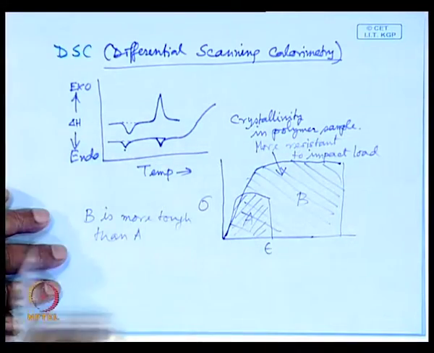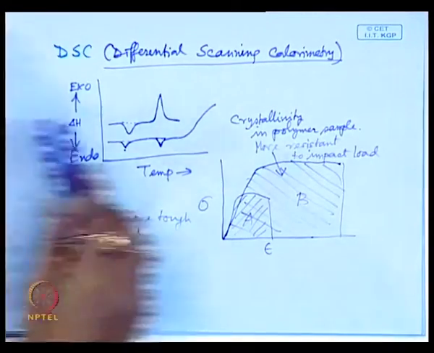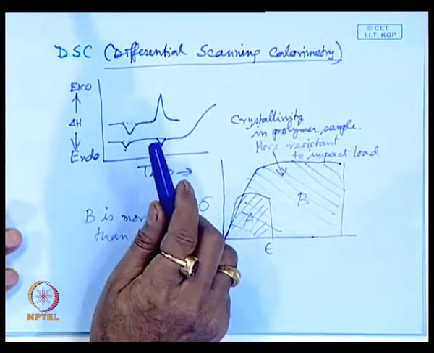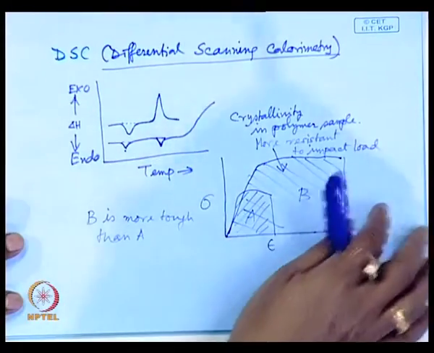When some impact energy is imposed on a material, suppose you give a blow, if it can absorb that energy, then it is tough. You have seen the dock fenders, those who have gone through ferry service in Kolkata.